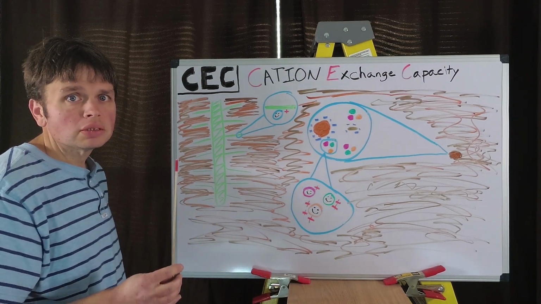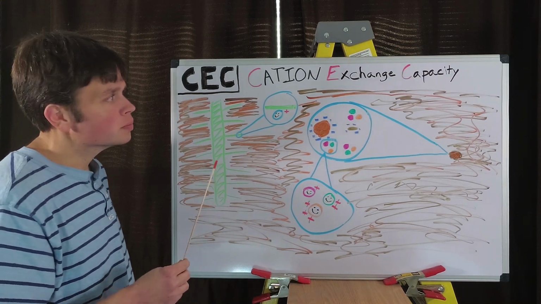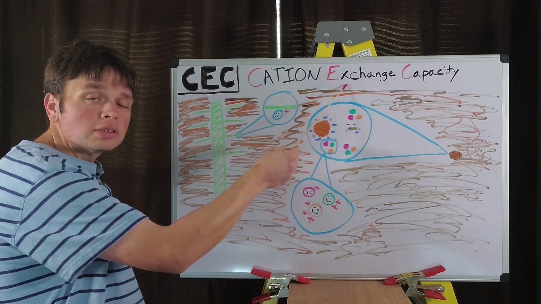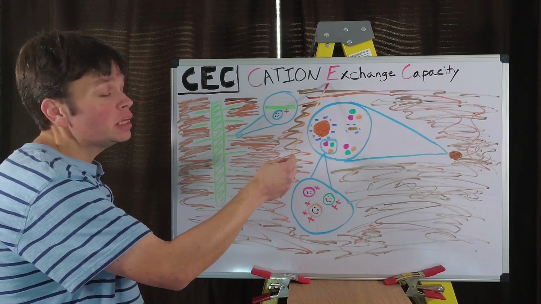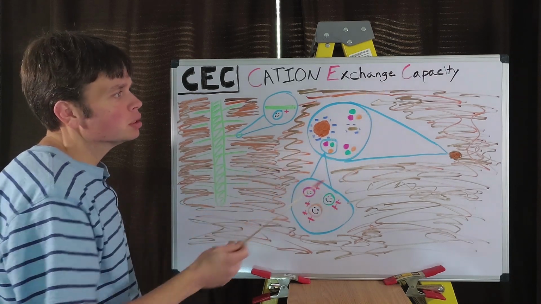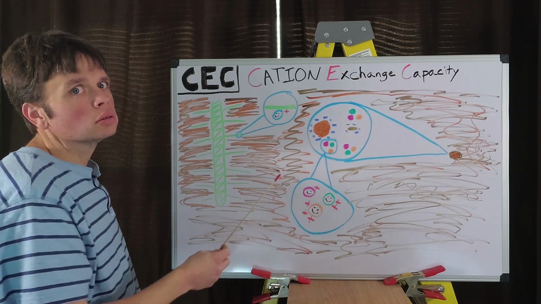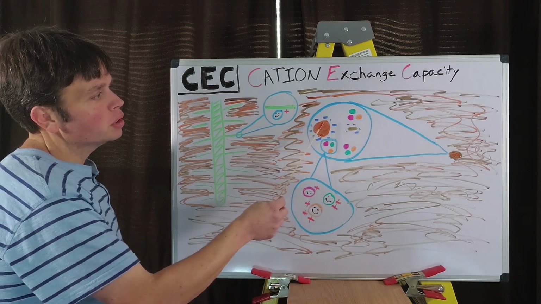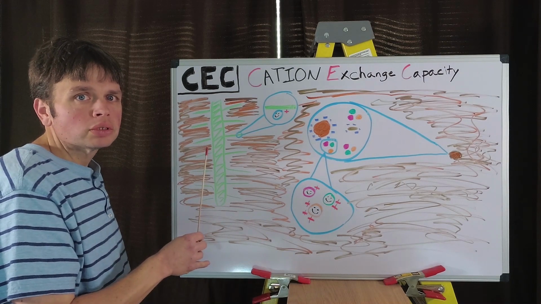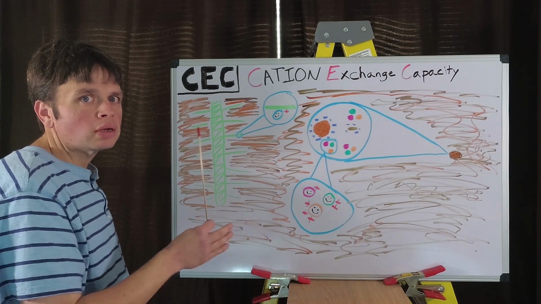So how it does that is with our second word here, or letter E, which is exchange. There has to be an exchange between the soil particles and the roots, because there has to remain a balance.